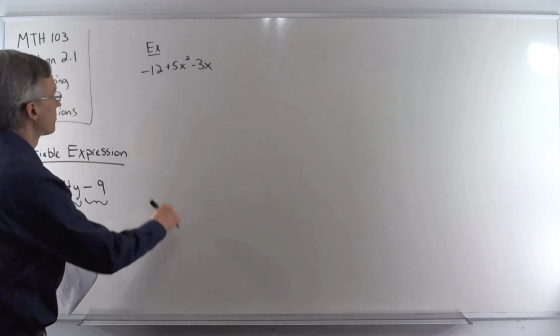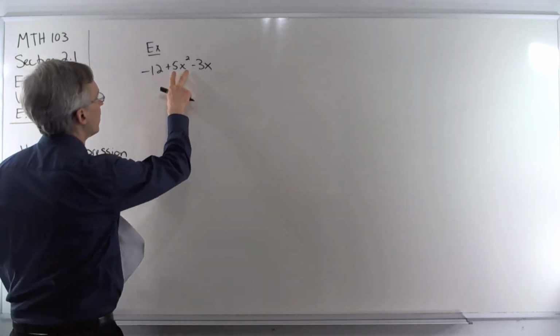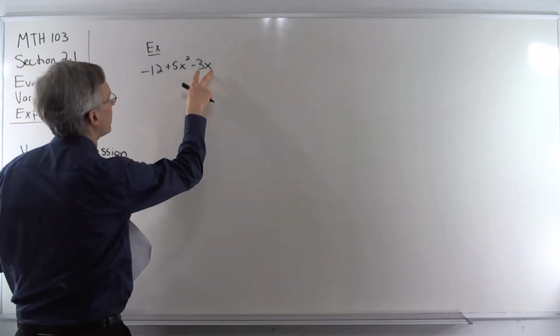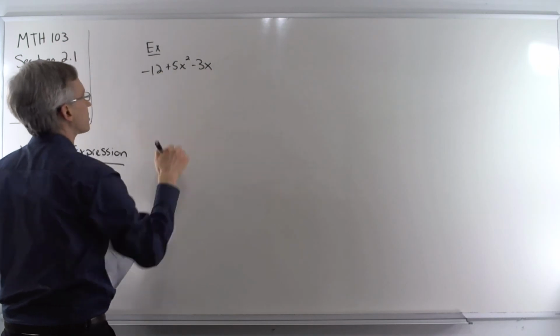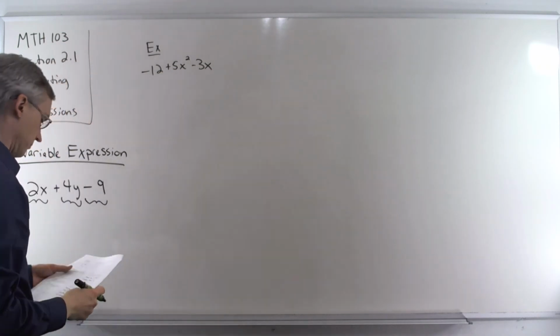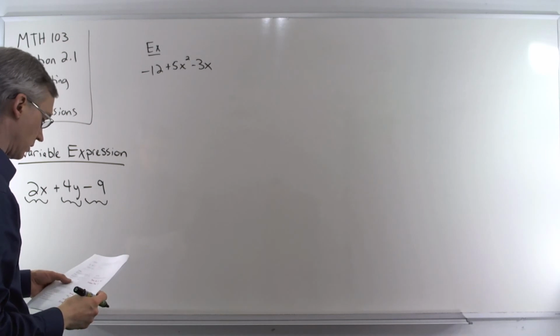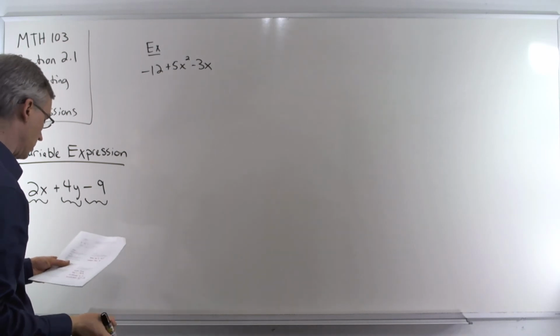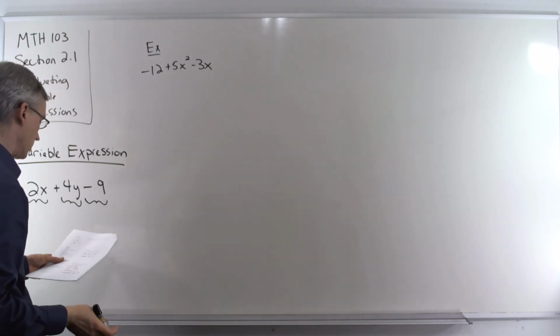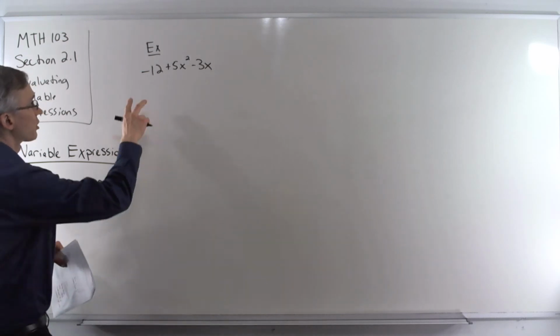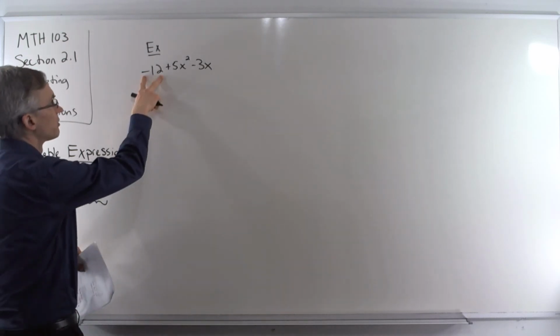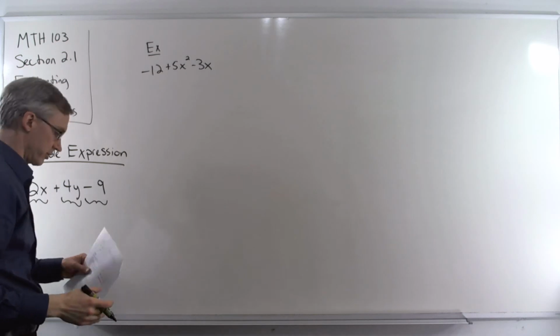So we have three terms. We have -12 as a term, 5x squared as a term, and -3x is a term. Now the constant term is -12, and the other two would be variable terms.